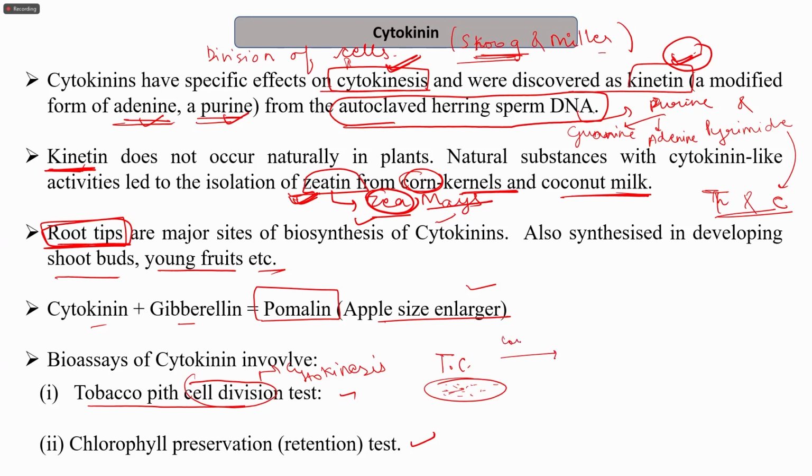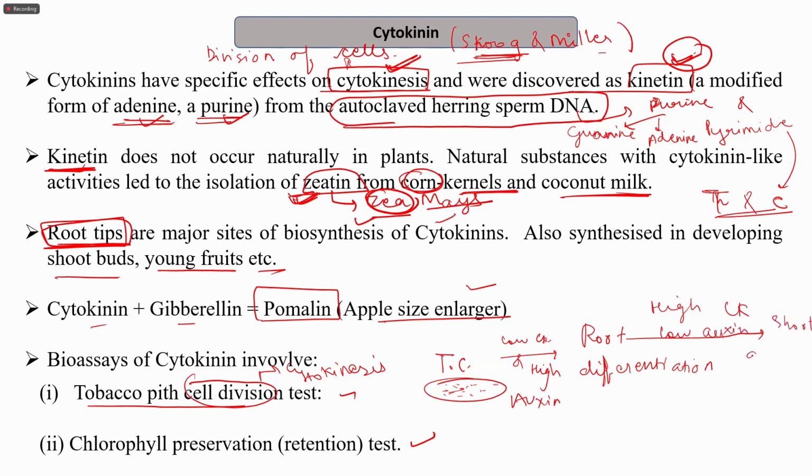So in tissue culture, if low cytokinin and high auxin is provided, then it leads to root differentiation. And if we provide high cytokinin and low auxin, it leads to shoot differentiation.